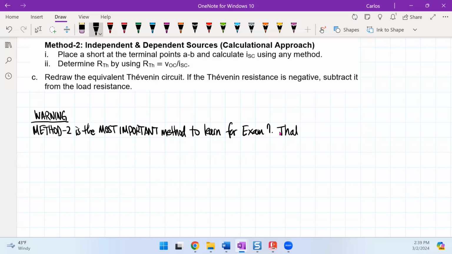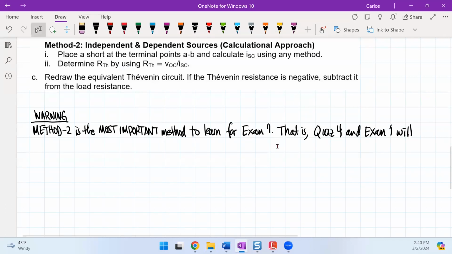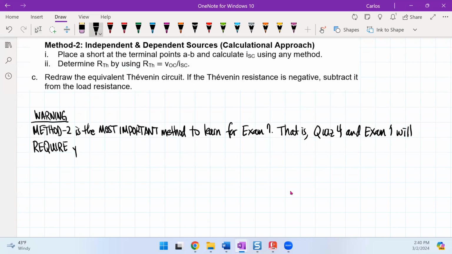That is, quiz 4 and exam 1 will require you to use method 2, not method 1.